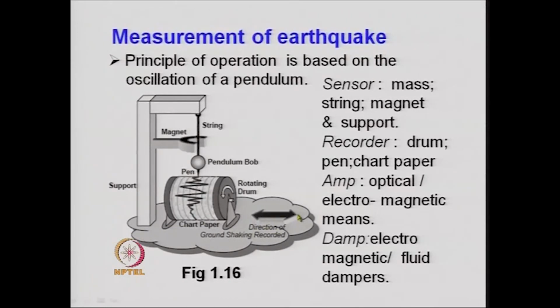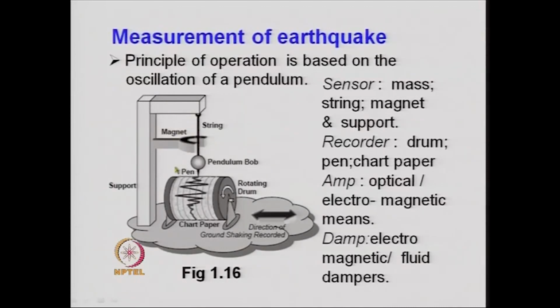The entire system in figure 1.16 oscillates in the direction of the arrow which is shown, and the bob now undergoes an oscillation, and because of this oscillation an inertia force is generated in the bob, and the bob starts moving or oscillating about the top point or about the point where it is fixed to the bracket.